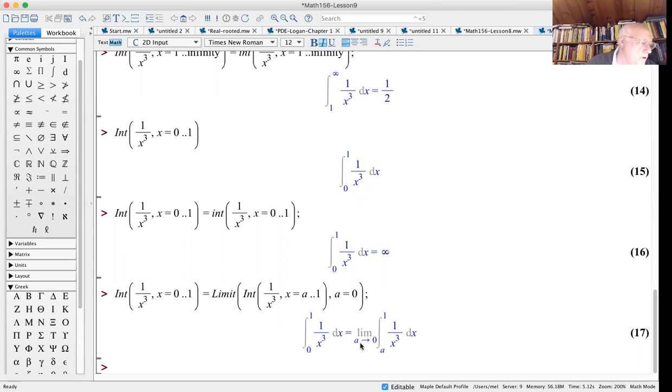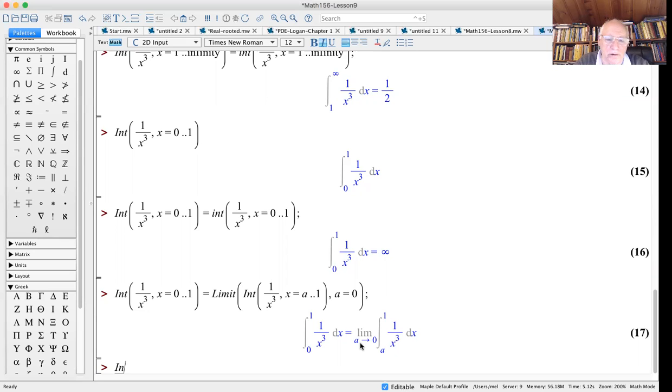Let me just do a homework problem from lesson 15. So here's an interesting problem.